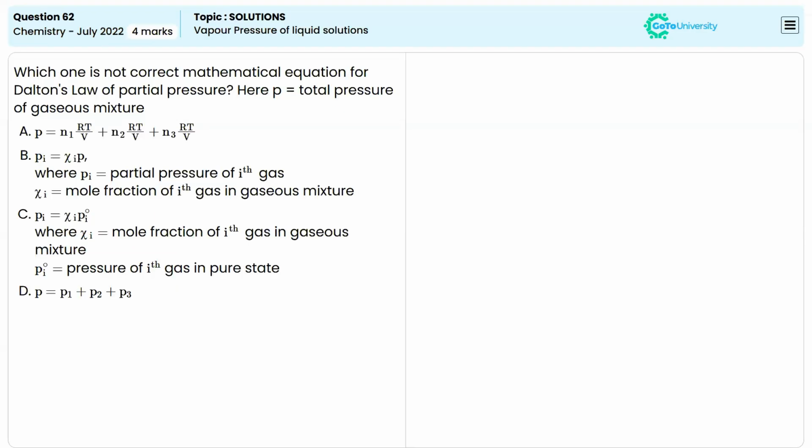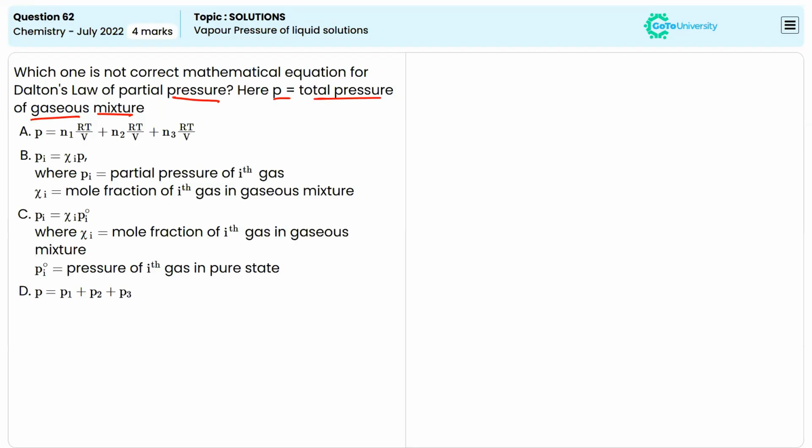Now the next question. Which one is not a correct mathematical equation for Dalton's law of partial pressure? It is given that P denotes the total pressure of the gaseous mixture. First of all, we have to know Dalton's law.